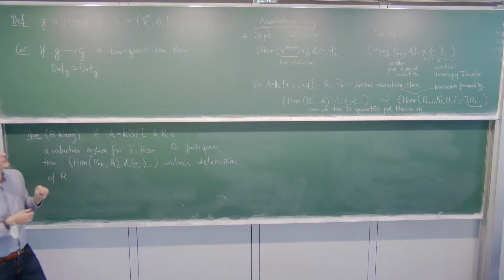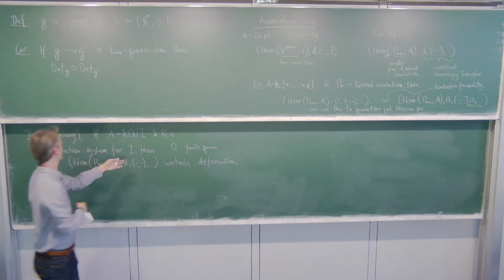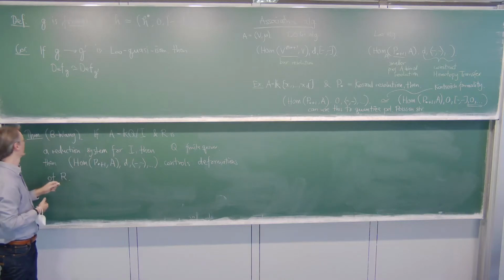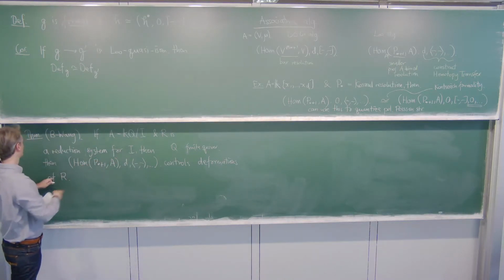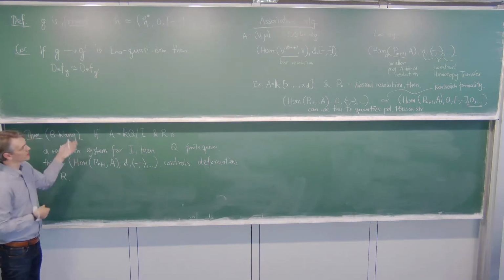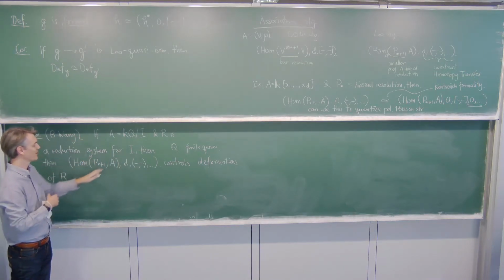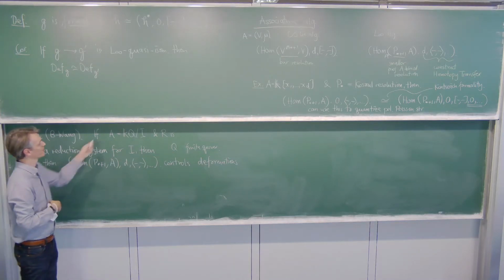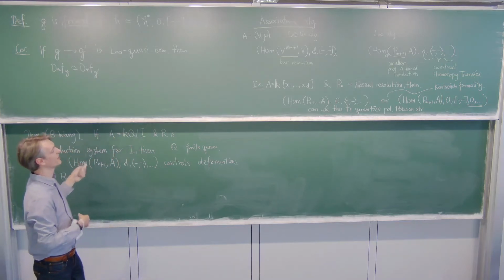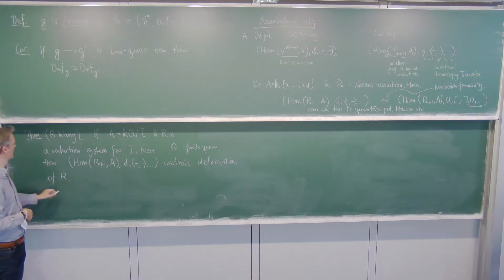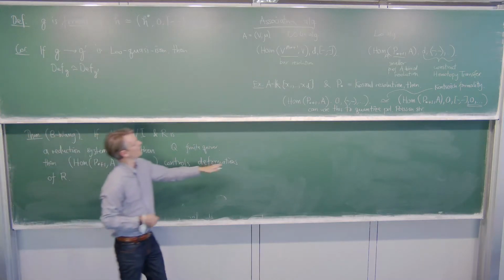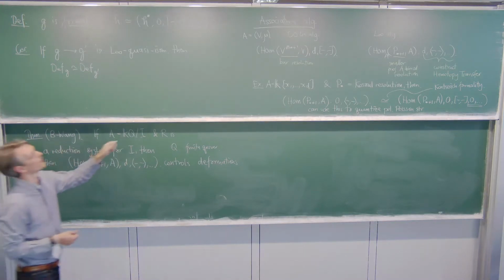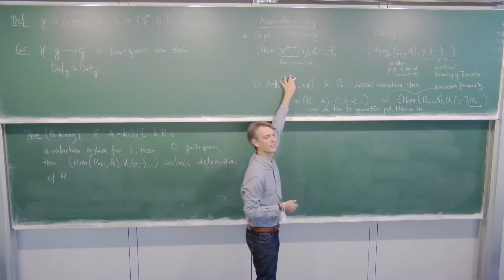So in that example here, there's no D, but in general there could be a D. But still, you get a smaller complex that naturally controls deformations of R, but it also controls deformations of A. So this gives an equivalence between deformations of A and deformations of R. And these deformations are sometimes more combinatorial and easier to handle than those using this big DGLA.